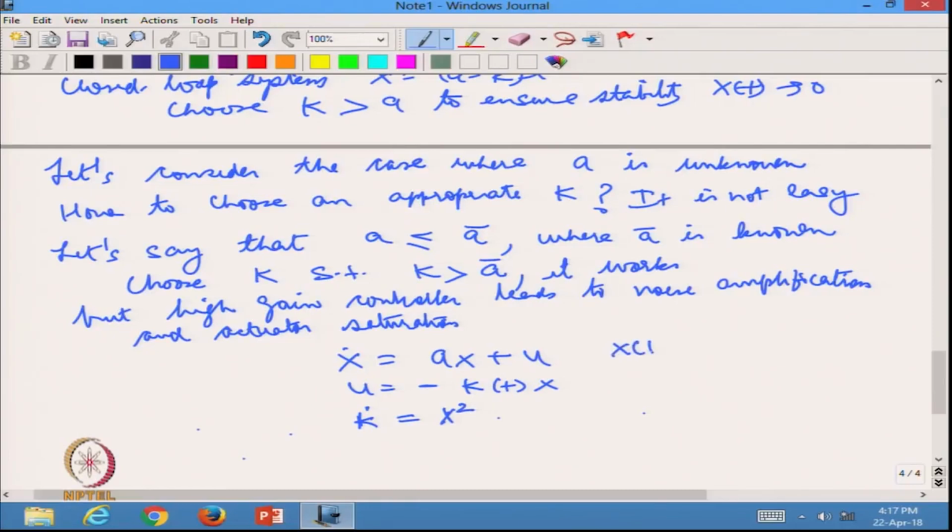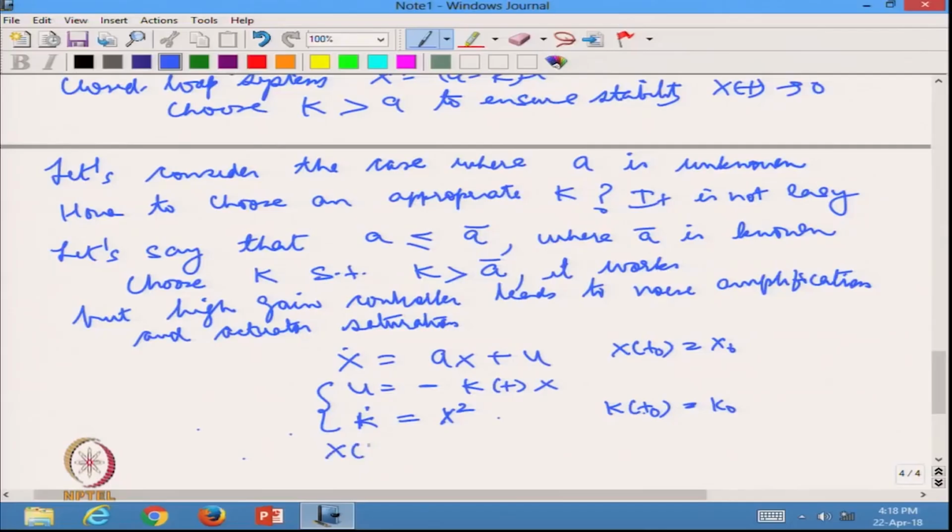So, of course, we can write down the initial condition. Okay. So, using this as our controller, we could potentially prove that x of t goes to 0 as t goes to infinity.